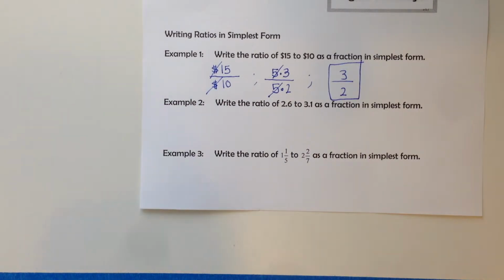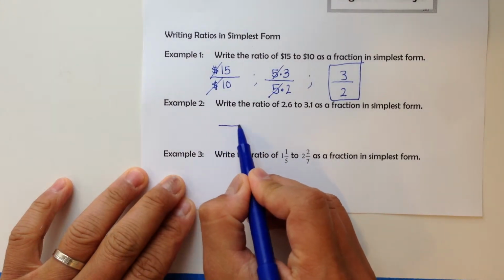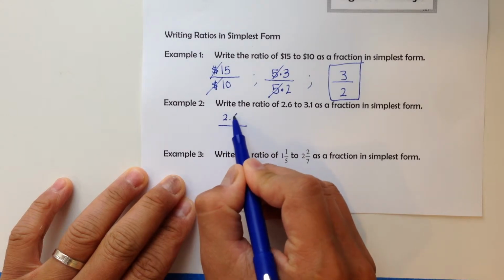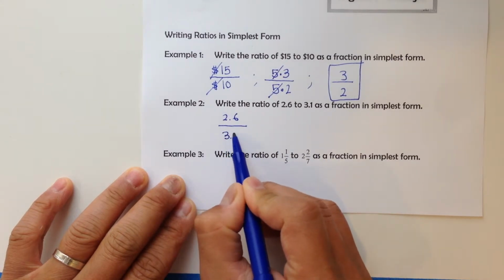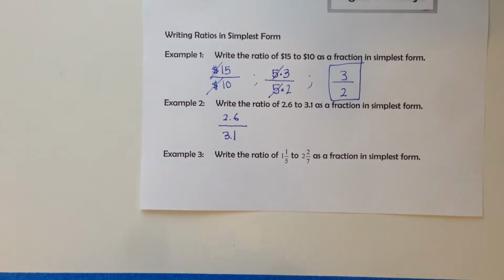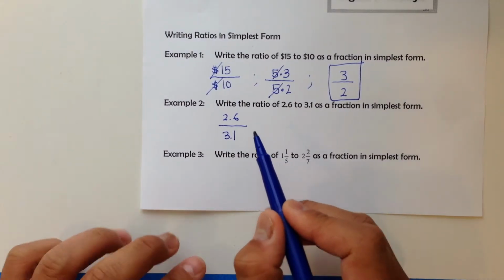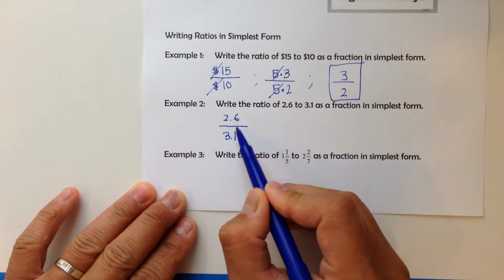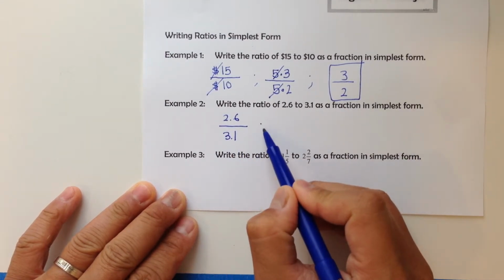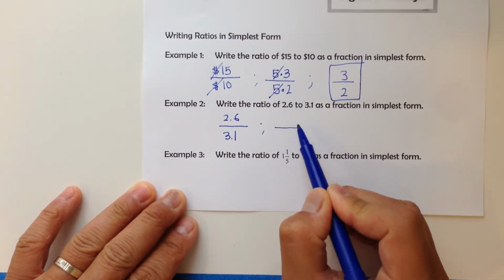The ratio of 2.6 to 3.1 as a fraction in simplest form. First, we write it as 2.6 over 3.1. When given decimals, the next thing you have to do, especially for a ratio, is shift the decimal point so that the ratio becomes whole numbers.